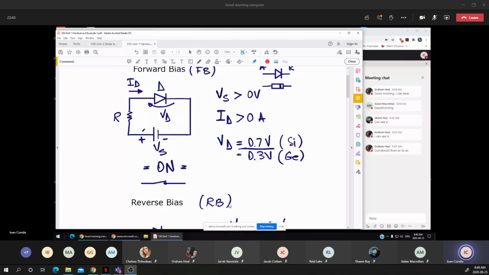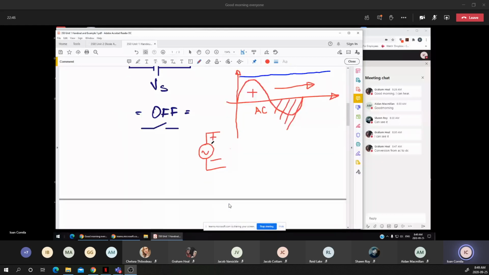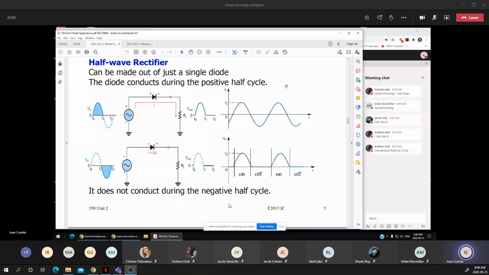The first assumption is that I'm applying the positive of the AC voltage source on the top, the negative on the bottom. If I'm looking at the notes and your textbook, this is what we have made: the DC voltage source is replaced with an AC voltage source, assuming that for the first half, the polarity is positive on top and negative on the bottom.